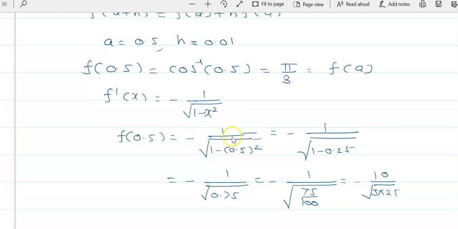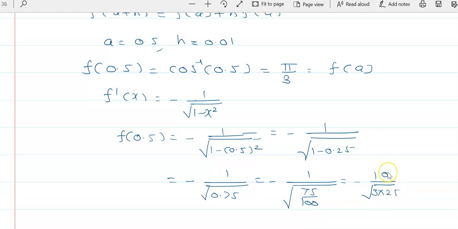That is minus 1 upon root of 1 minus 0.5 bracket square, that is minus 1 upon root of 1 minus 0.25, that is minus 1 upon root of 0.75, that is minus 1 upon root of 75 upon 100.